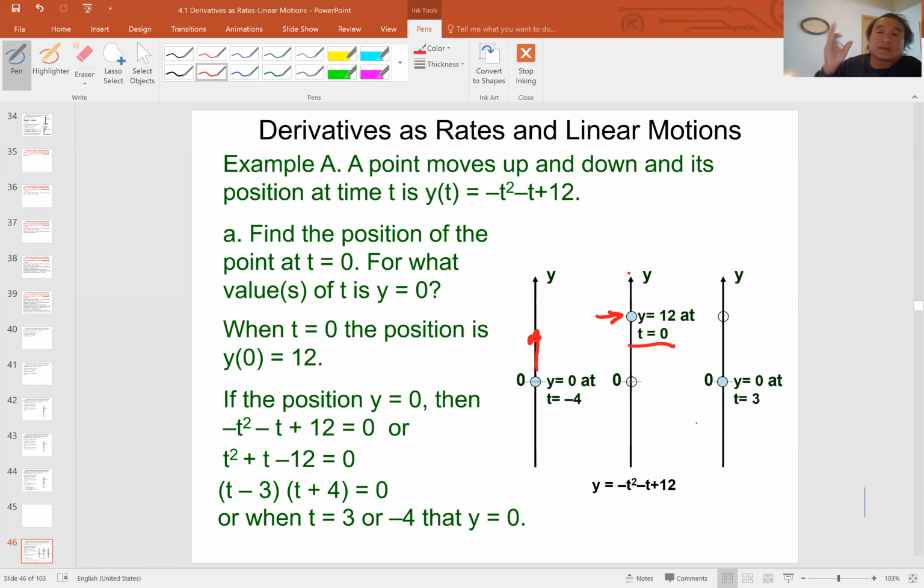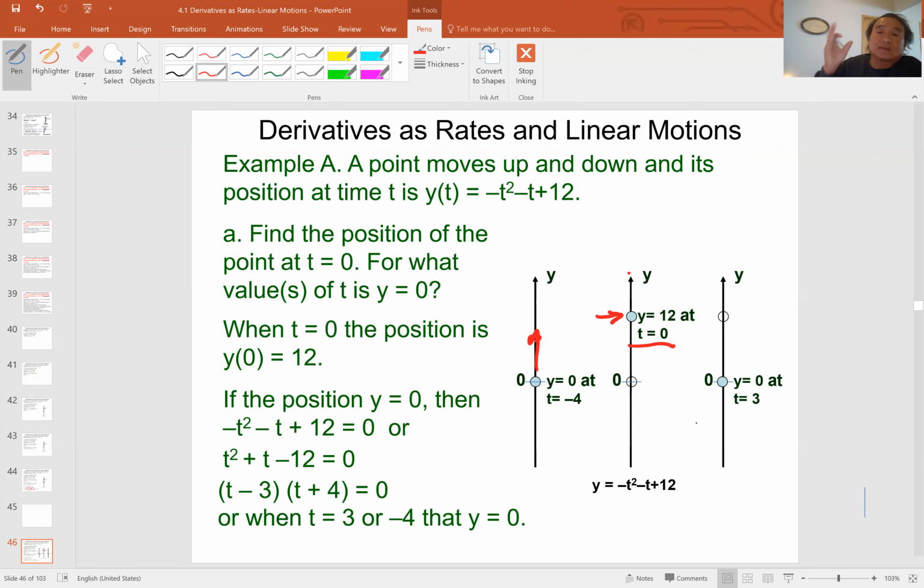Okay. Now, let's take a look at the velocity. We'll take the derivative and plug in those times, okay? And now we have the velocity at time t equal to -4, at t equal to 0, at t equal to 3, okay? Now, first of all, what's the difference between the plus sign and the minus sign? Well, y prime is the rate of change in the y coordinate.